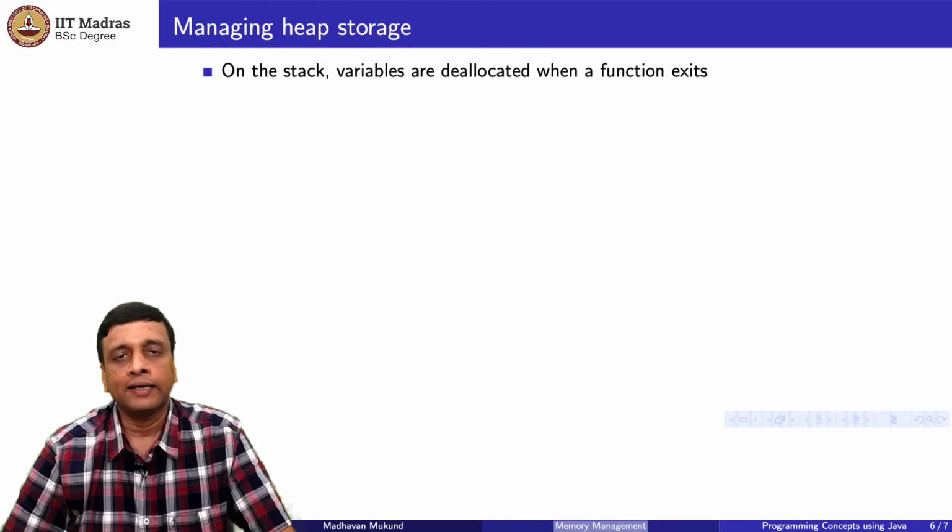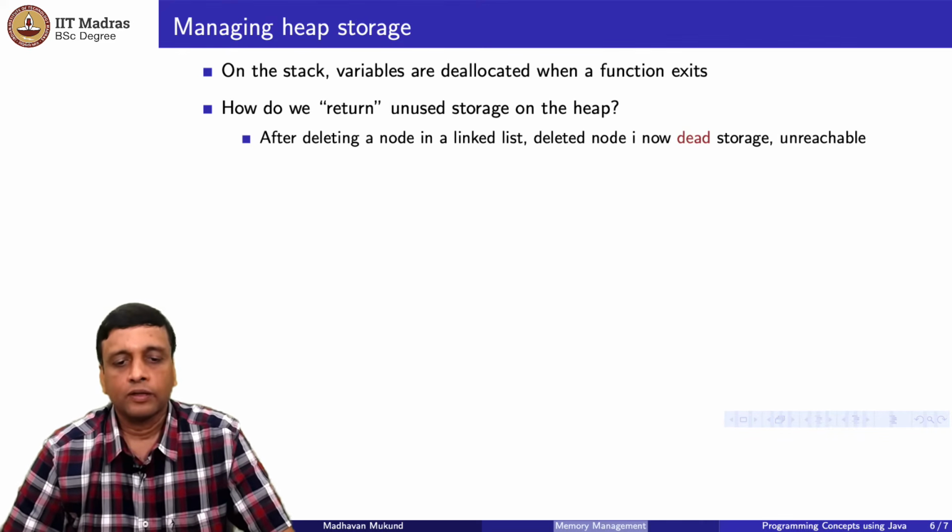Now a dynamically created data point like we saw is created and put into the heap, and we have to know that we have access to it. Otherwise we wouldn't know whether this part of the heap is in use or not. Periodically, of course, we do also want to get rid of data from the heap.